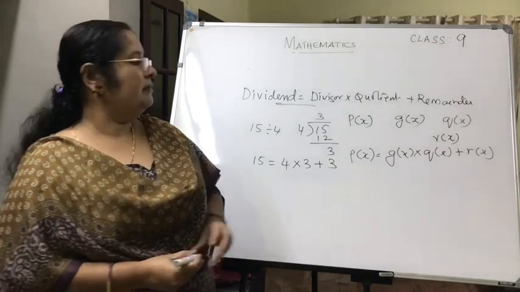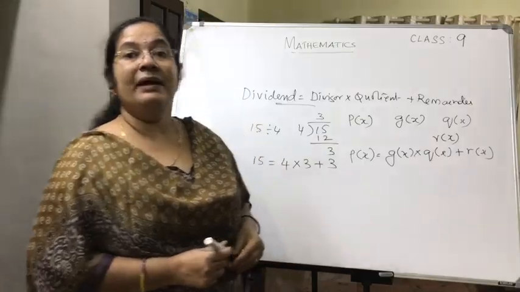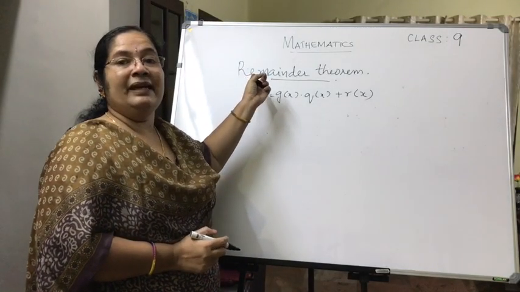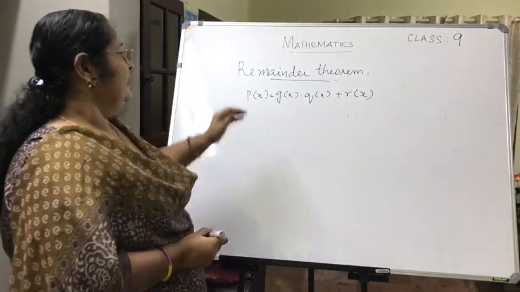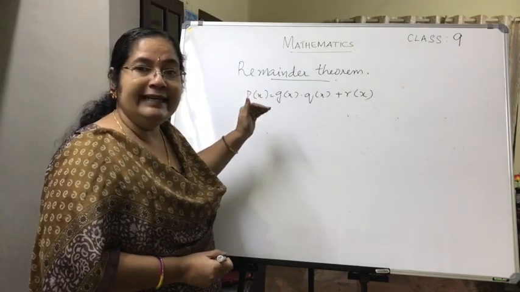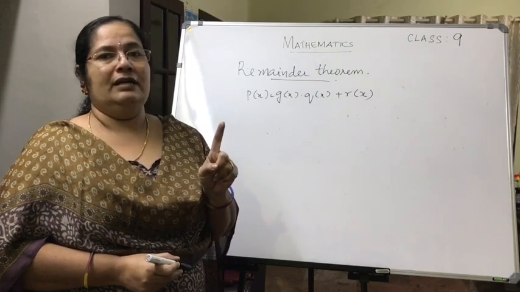Now keeping this in mind, we will go for the next topic, that is the remainder theorem. Now we are going to state the remainder theorem. What is the statement? Let P of x be a polynomial of degree greater than or equal to 1.